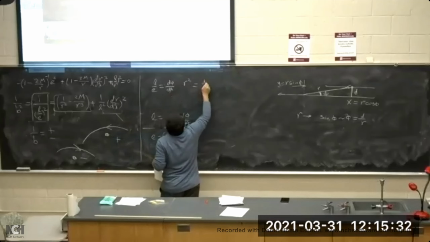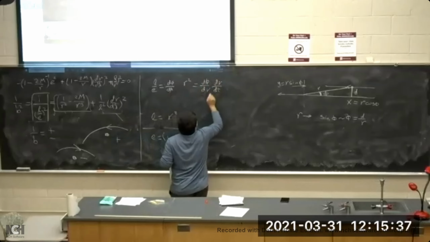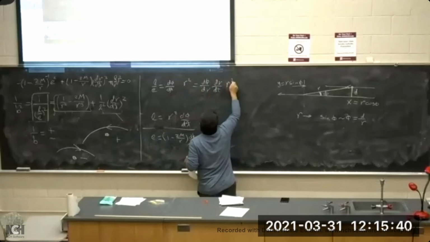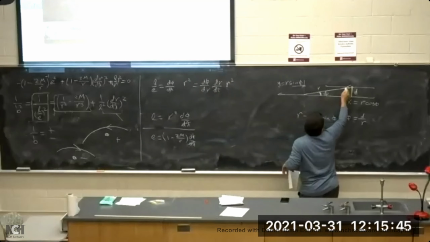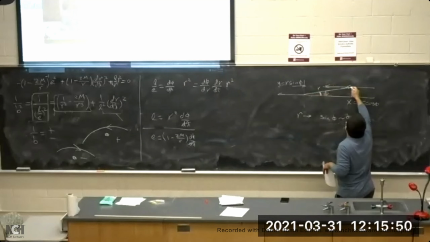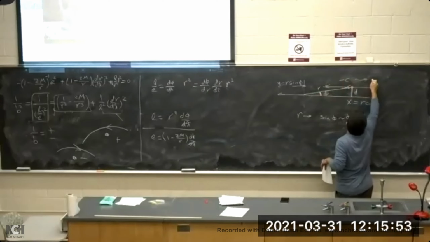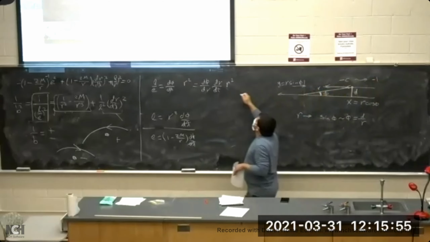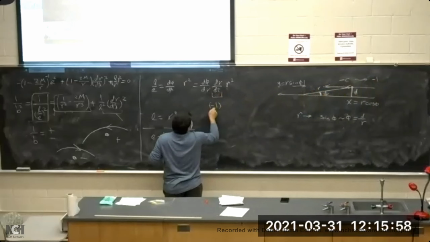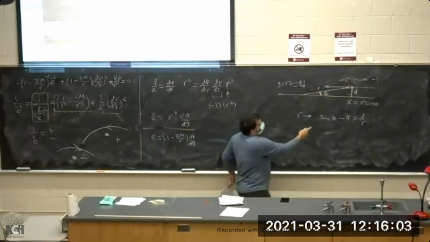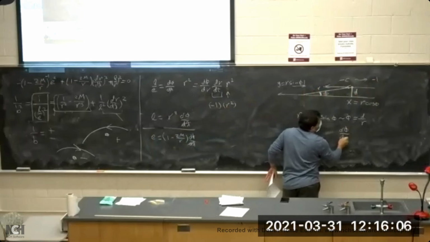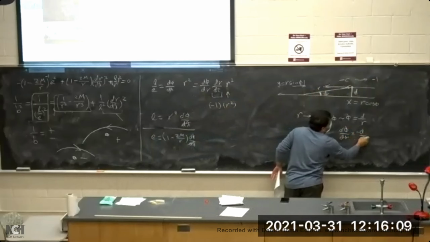By using the chain rule, d phi by dr, dr by dt, R squared. Now, for large R, we can assume that R is almost in the same direction as the incident ray, and its velocity is minus c, or minus 1, because it is decreasing. So we have here minus 1, and we have here R squared. d phi by dr is equal to minus D over R squared.